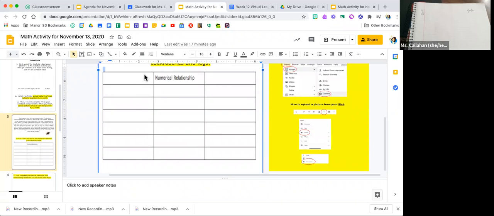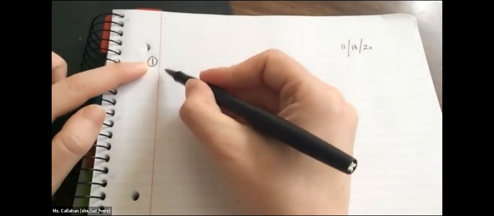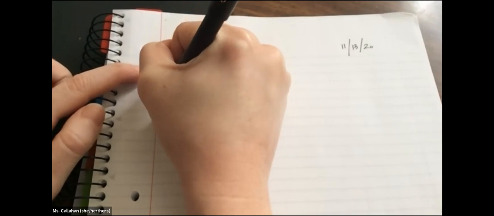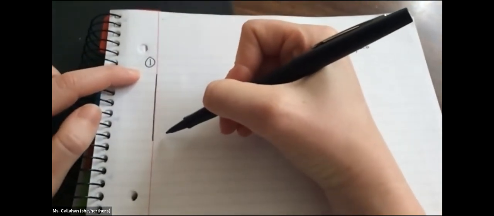I know I need to create 3 columns, but I need to create 7 rows. So I'm going to count 2 down, and then I'm going to count 1, 2, 3, 4, 5, 6, 7. So I should have 7 spaces.